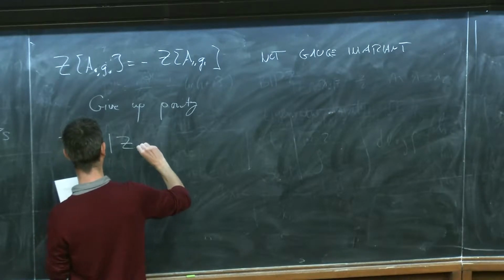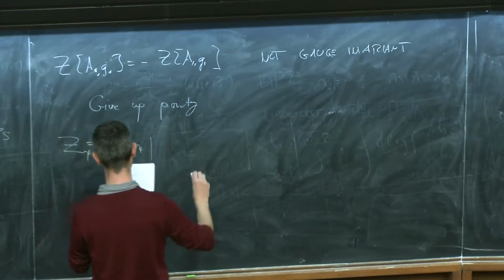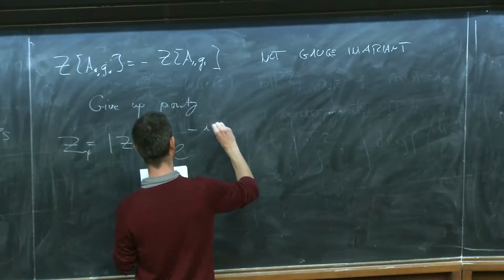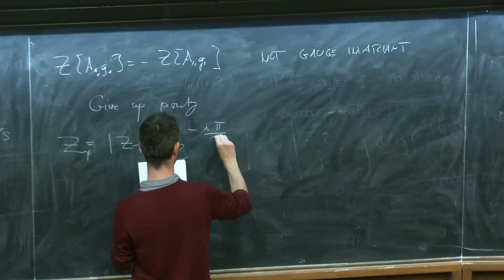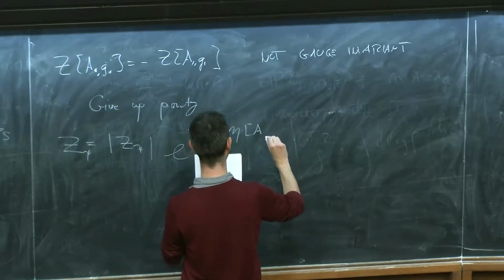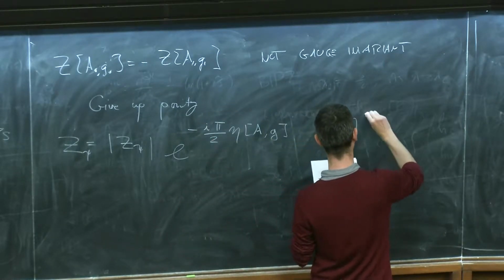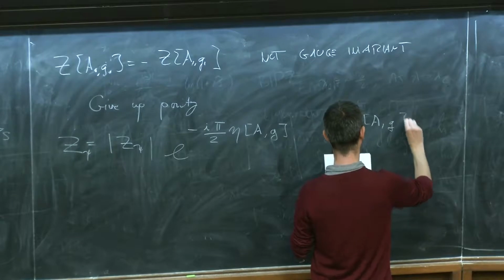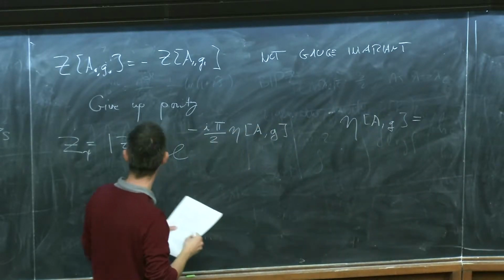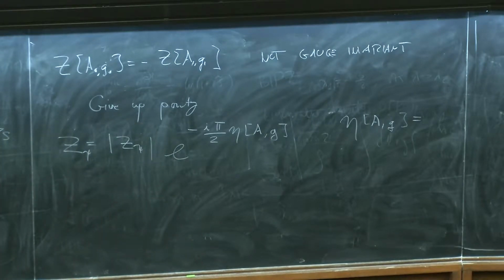So as we said, there is no problem with the absolute value. But we put a phase, so let me write it, and then I will explain. So minus i pi over 2, and some object, eta, which depends on the background. And what this eta is, is the regularized, so in fact, we could choose different regularizations. We just want to regularize this infinite sum of signs.